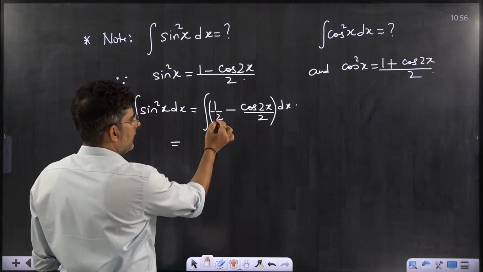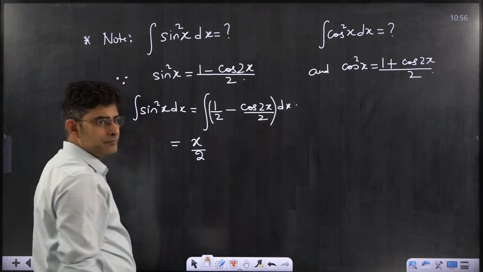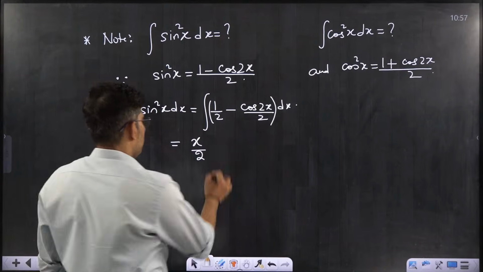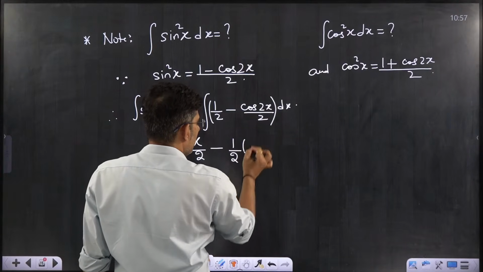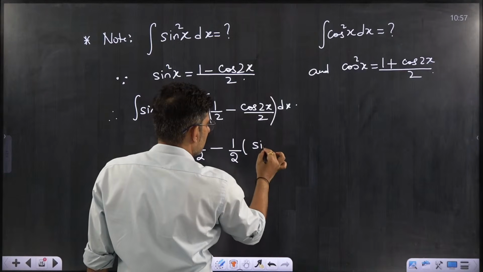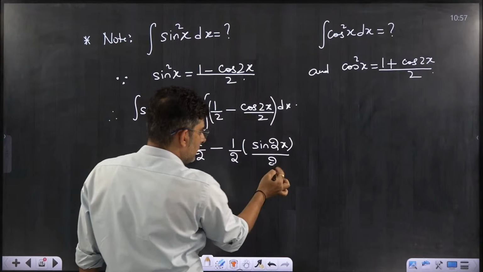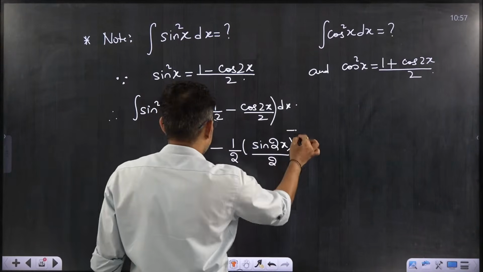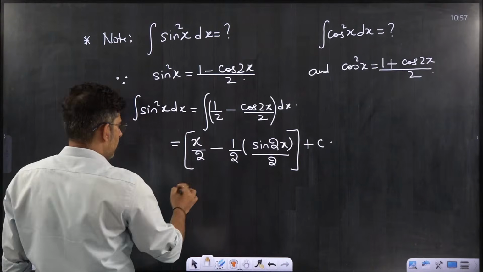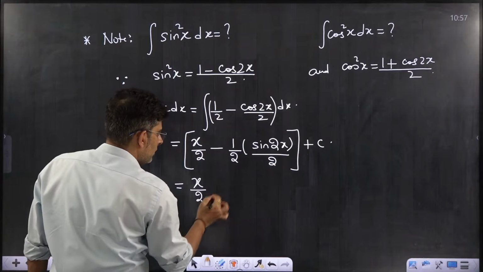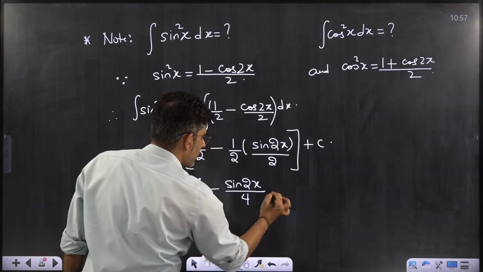Now simple, first 1 by 2 dx, which means x by 2, minus, again we have 1 by 2 common, the integration of cos I told is sine, but it is cos 2x, so sine 2x, whatever is multiplied to x will get divided. We discussed this rule in the beginning. Since we are doing indefinite integration, we will write plus c, so it becomes x by 2 minus sine 2x by 4 plus c.